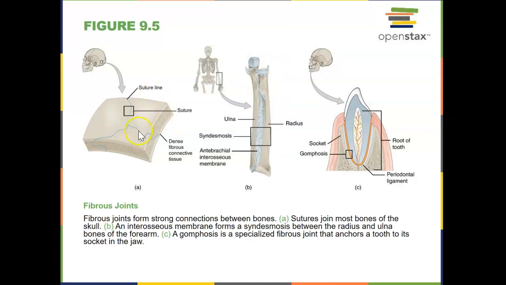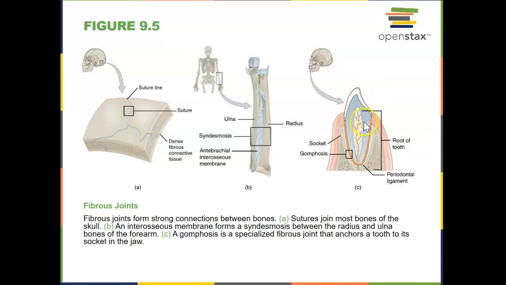Here's an example of the suture line. Dense fibrous connective tissue holding this line together. Here's the dense fibrous connective tissue over here, the syndesmosis, holding together the ulna and the radius. Same thing as the tibia and the fibula, okay? And then over here, here's the periodontal ligament associated with a tooth.